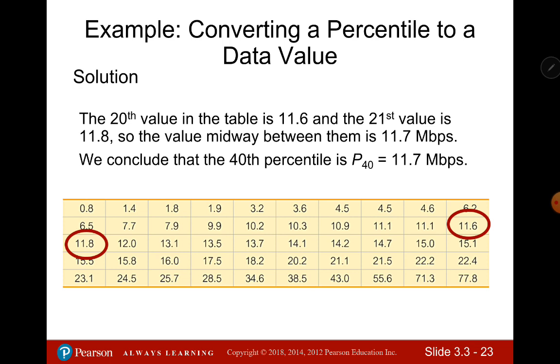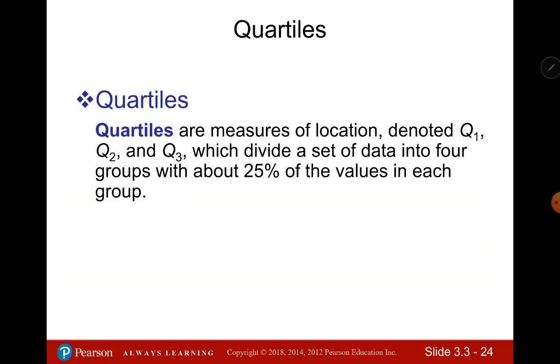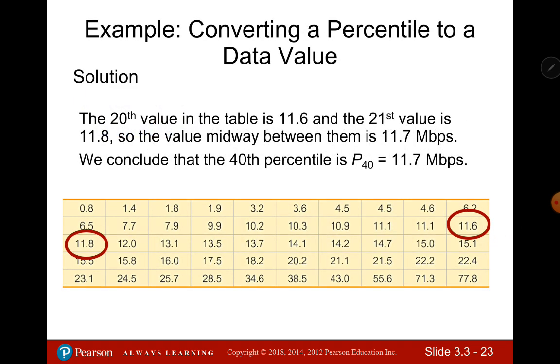How can we get the mean of these two values? We add them up. 11.6 plus 11.8. Then divide the sum by 2. We will get 11.7.